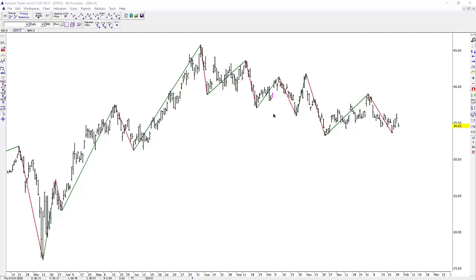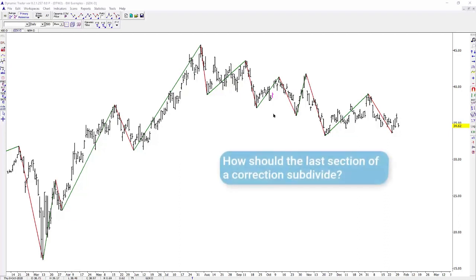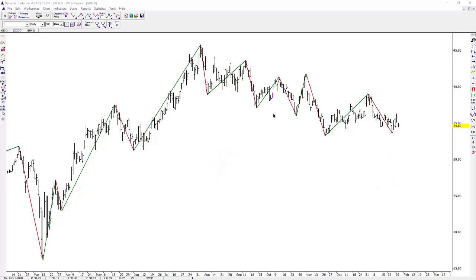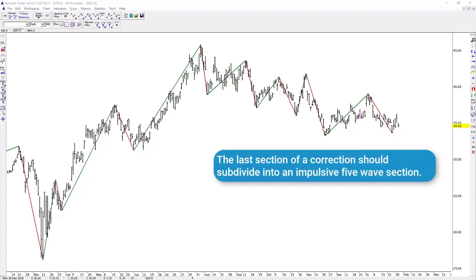And what should the last section of a correction break down in? How should it subdivide? Well, the last section typically will subdivide into 5 sections of an impulse trend. So just like a wave C of an ABC should be 5 waves, the last section of a complex correction should also subdivide into 5 waves.